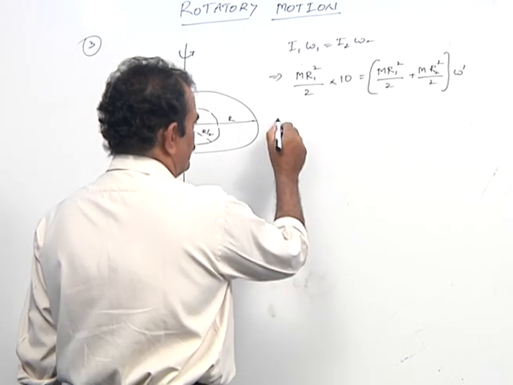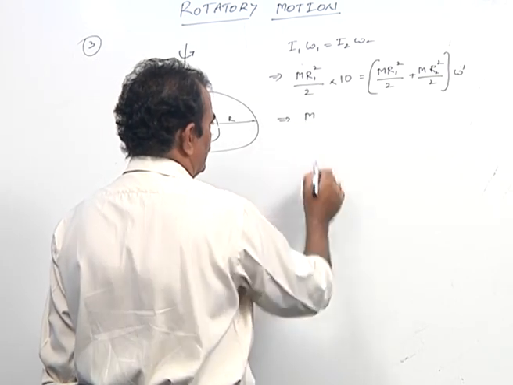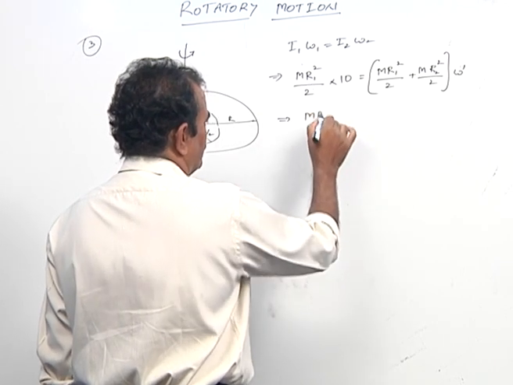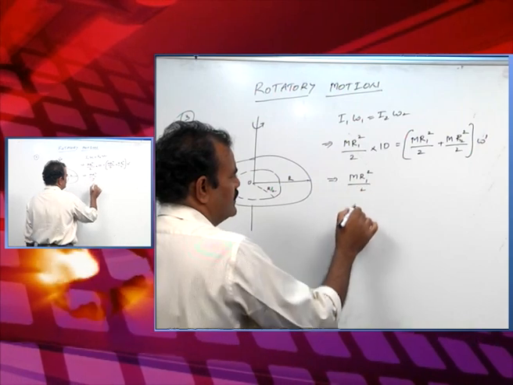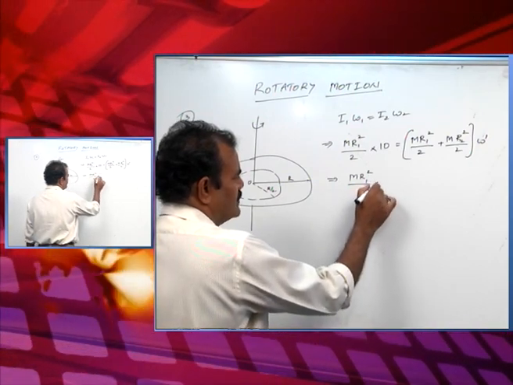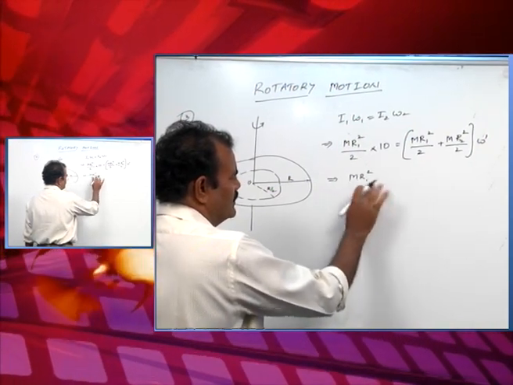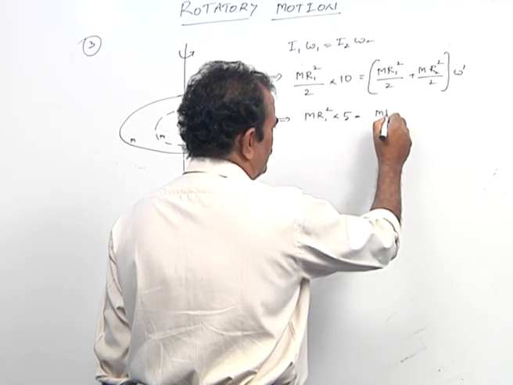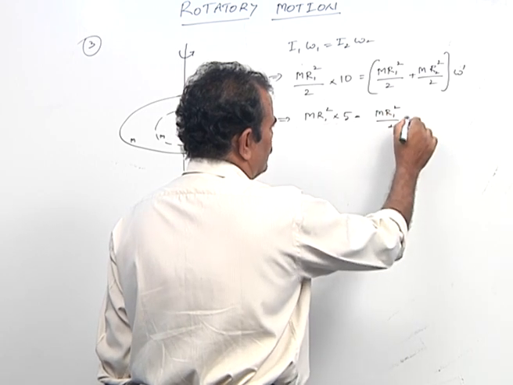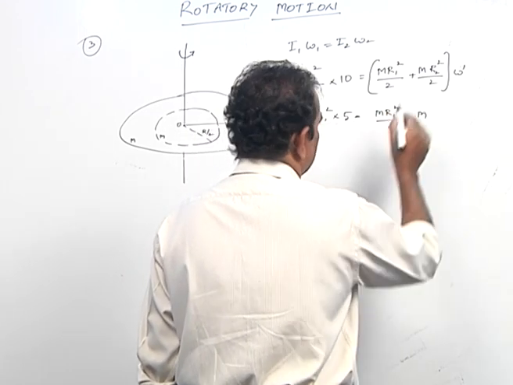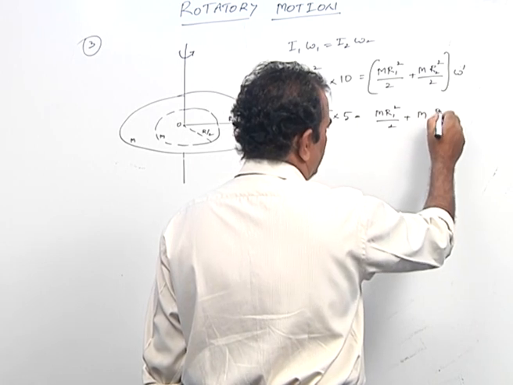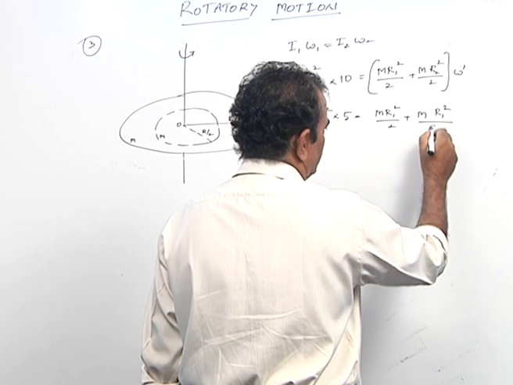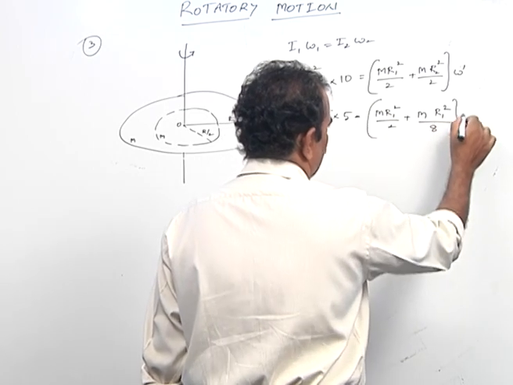So M R1 square by 2 times 10 gives 5 M R1 square. Next, M R1 square by 2 plus M times R2 square by 2, where R2 is R1 by 2 whole square, so R1 square by 4 into 2 becomes 8, and here it is omega dash.